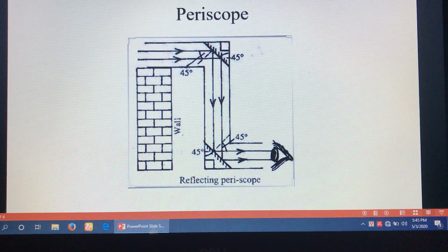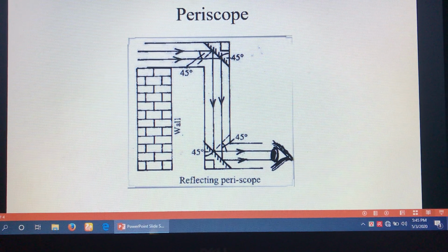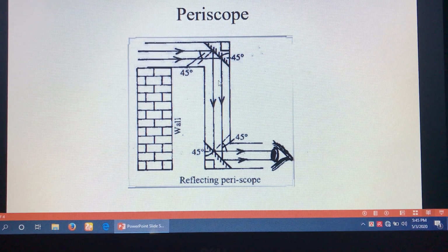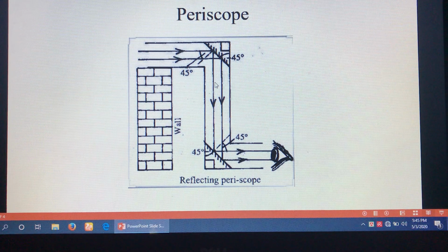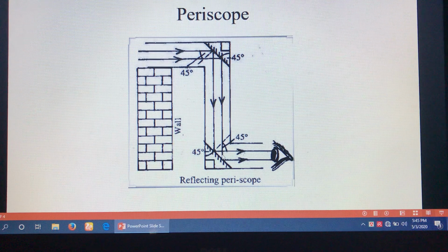So in the first mirror, the angle of incidence is 45 degrees and the angle of reflection is also 45 degrees. These are the reflected rays of the first mirror, and they fall on the second mirror, so the reflected rays of the first mirror are the incident rays for the second mirror.